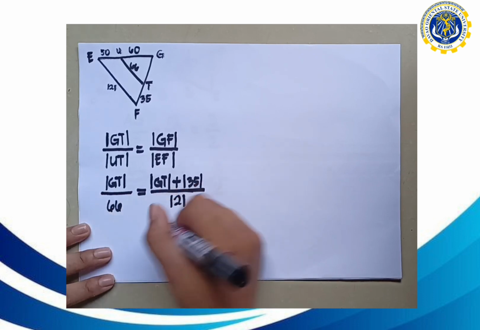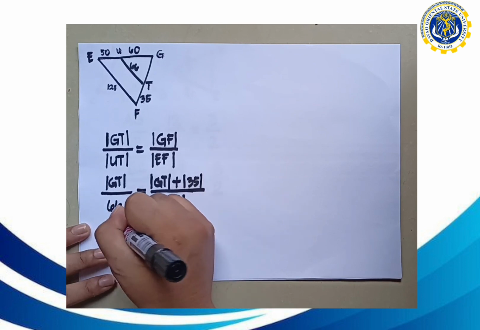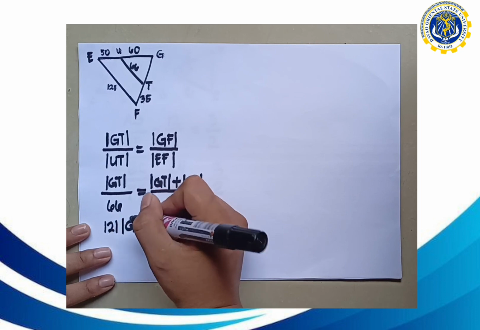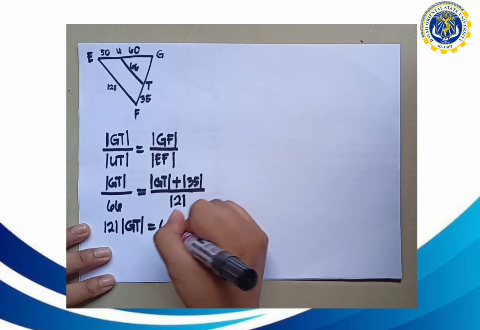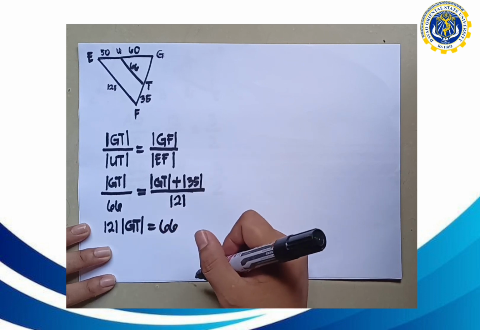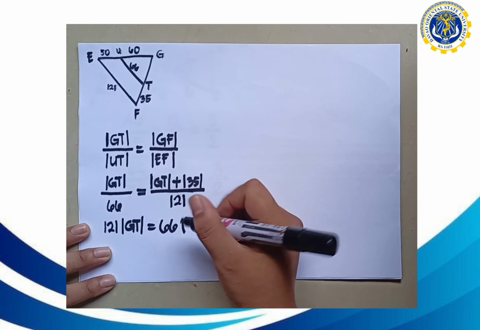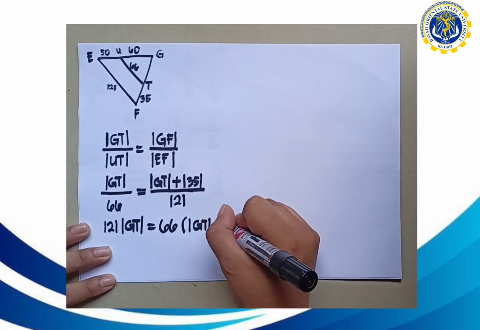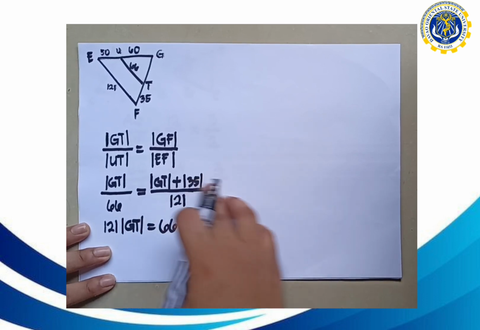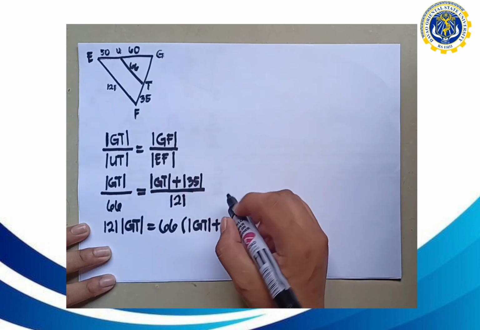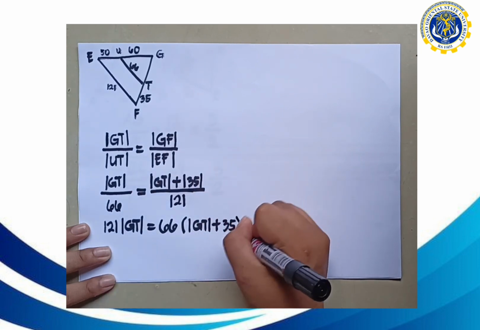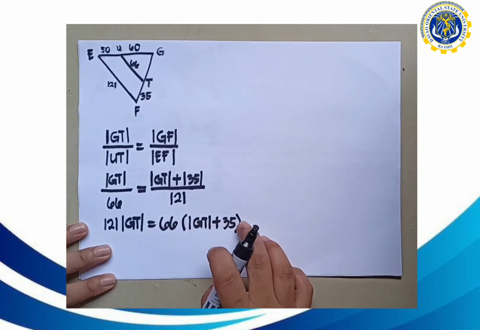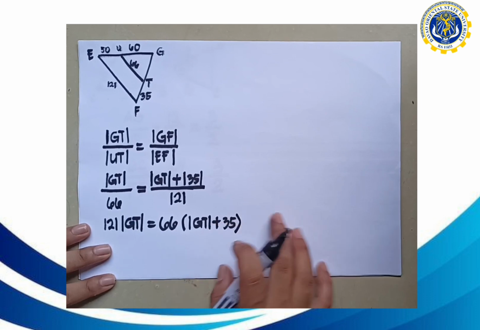So we simplify the 121. Copy the unknown GT, then is equal to 66. Then the quantity of the unknown GT plus the value of GF, which is 35. After this, use the known values.